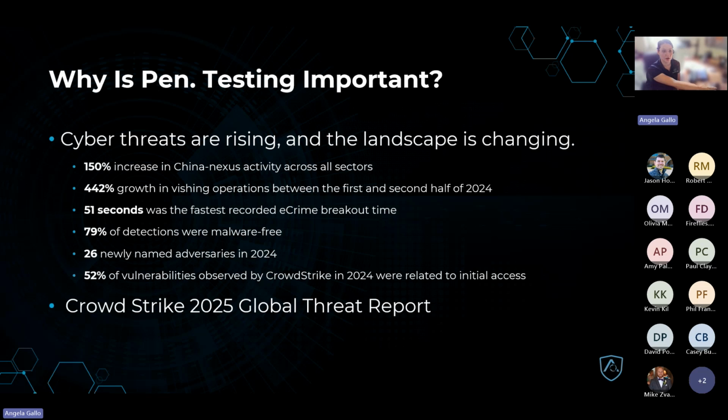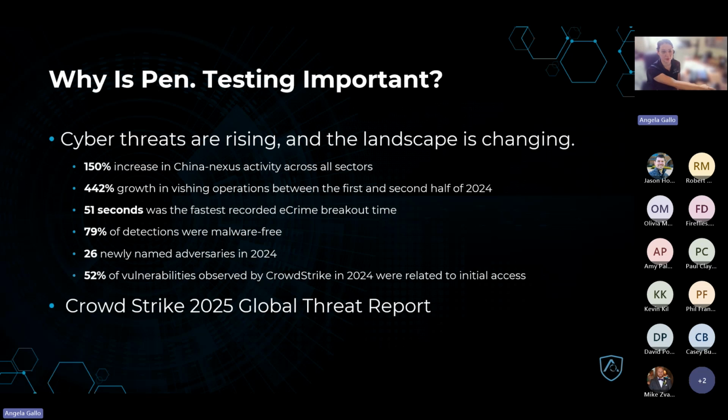It's a 150% increase in China nexus activity across all sectors. That means that Chinese actors are targeting all businesses, not just government organizations, to cause chaos and to breach and steal information.